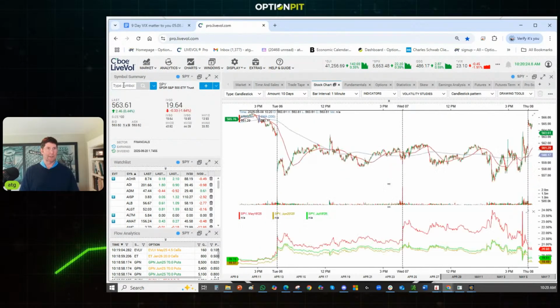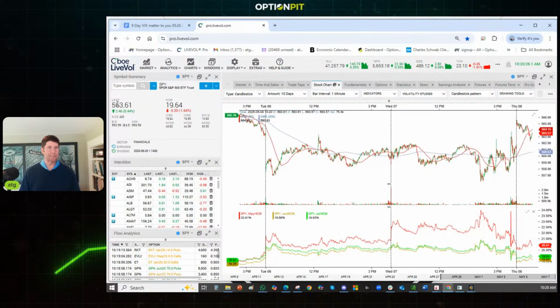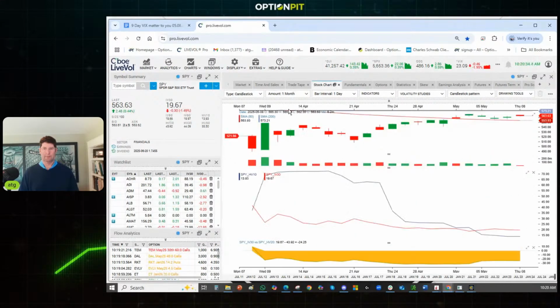Right. So if I look at SPY, the last 10 days, and I'm going to pull up a chart for you here. Okay. The last 10 days, the volatility has dropped in SPY to a little under 14%.